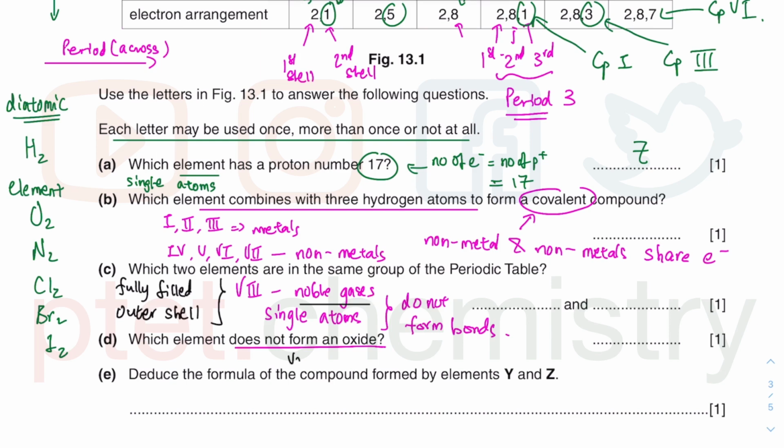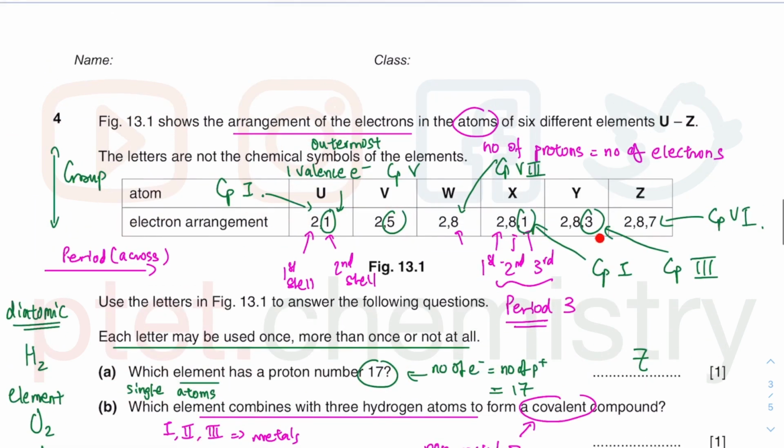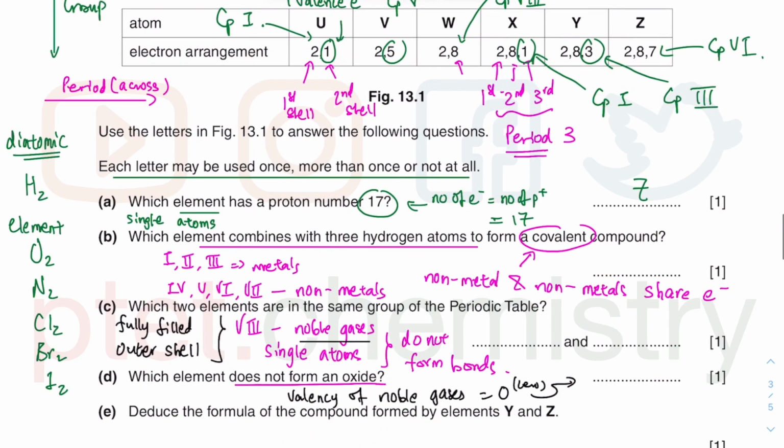The valency of noble gases is 0 because they do not form any bond at all. So when you want to combine to get formulas, you consider that 0. So does not form an oxide has to be the noble gas, meaning fully filled outer shell, so it has to be W, which is the noble gas.